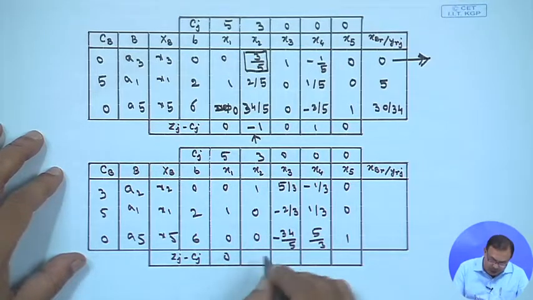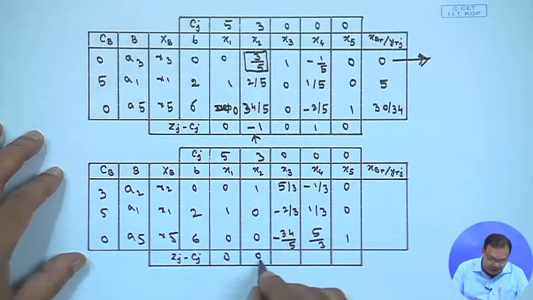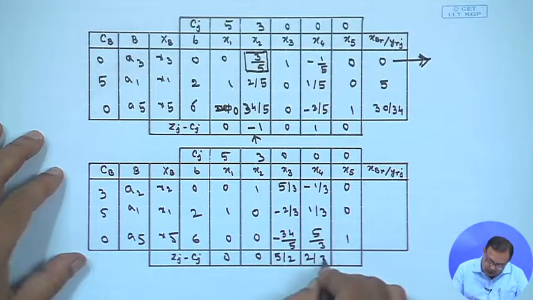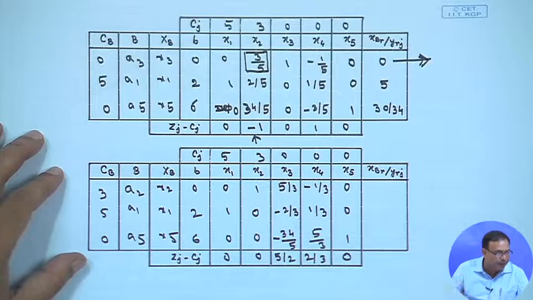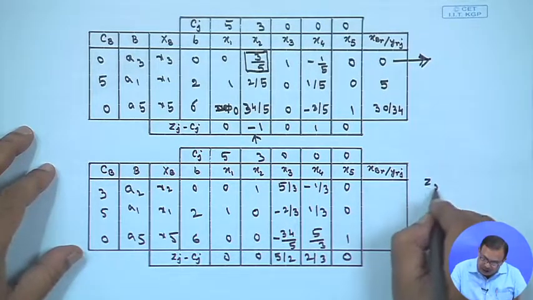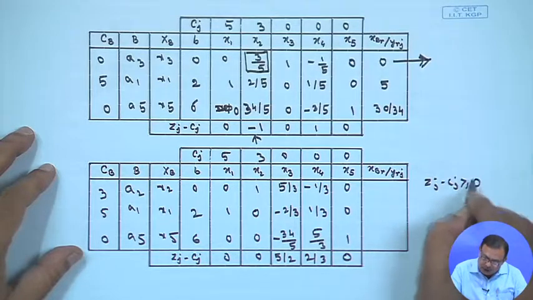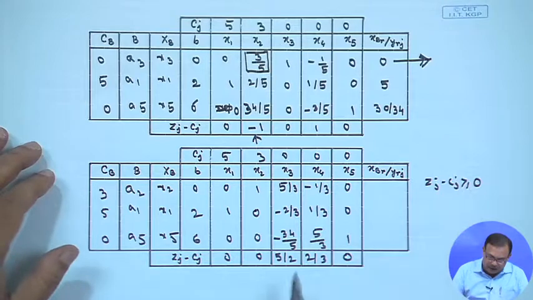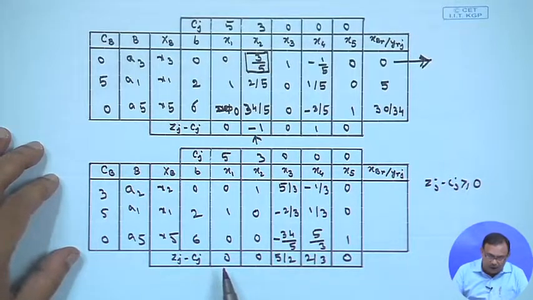So, if you calculate now, Zj minus Cj is 0, 0, 5 by 3, 2 by 3 and 0. Therefore, Zj minus Cj is greater than or equal to 0, and Zj minus Cj is greater than 0 for the non-basic variables, that is, these two cases x3 and x4.